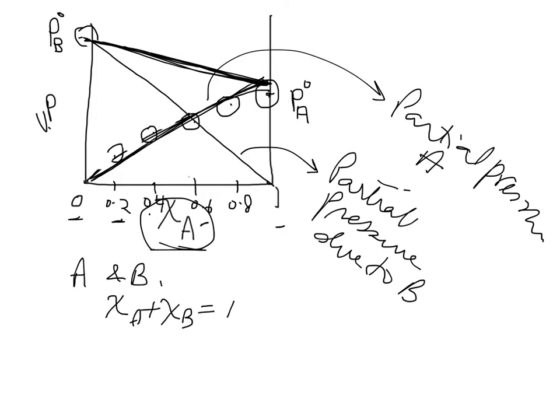Maybe let's color code that. So the vapor pressure of solutions as the chi A is varied, that's given by the line up top.